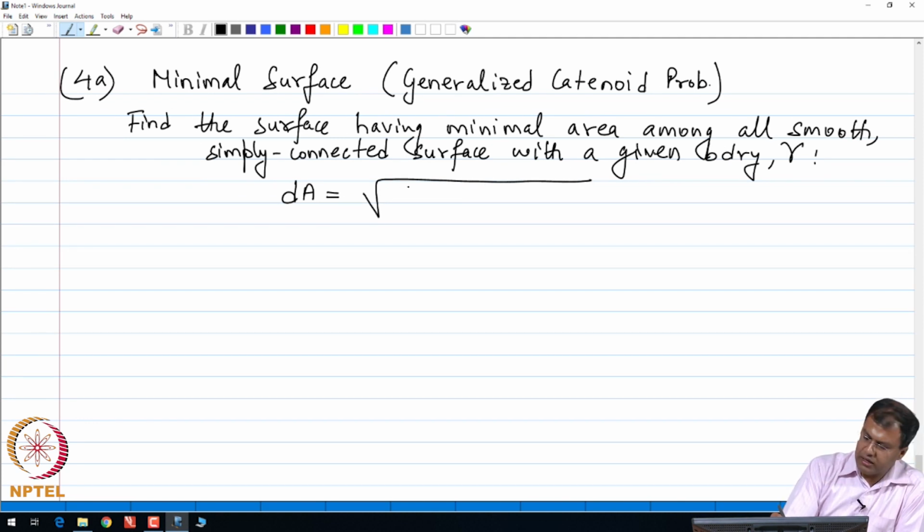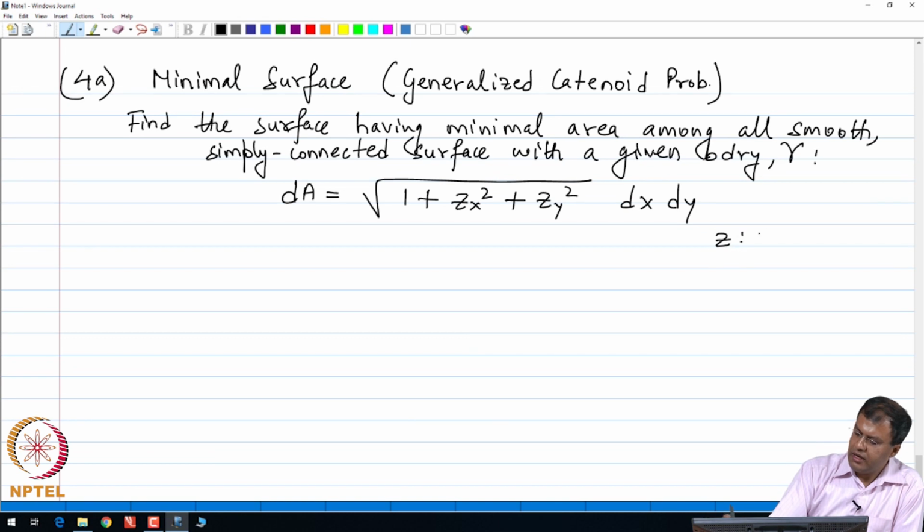My area element construction will be square root of 1 plus zx square, where this is the derivative of z with respect to x, plus zy square, dx dy, right, where my z is the height of the surface and x and y are my independent variables. Okay.